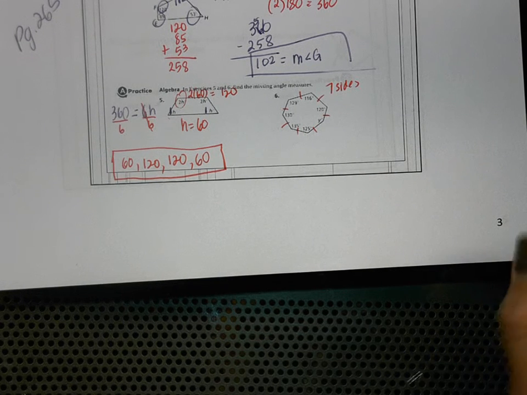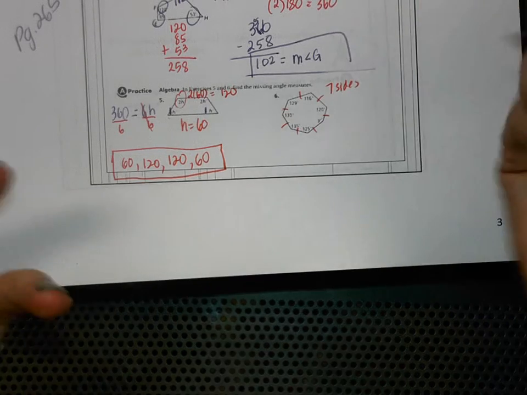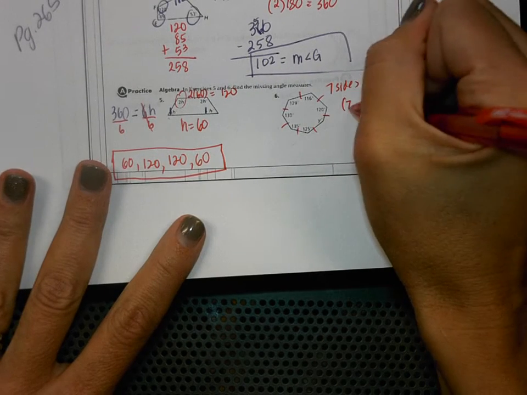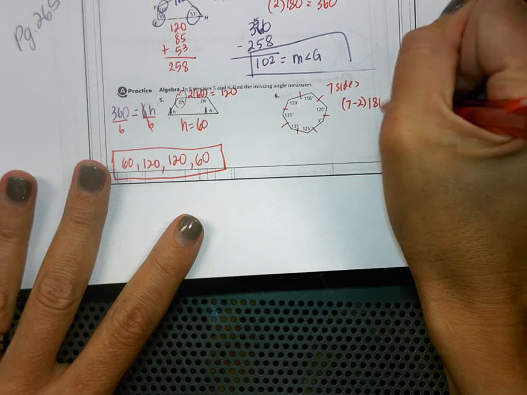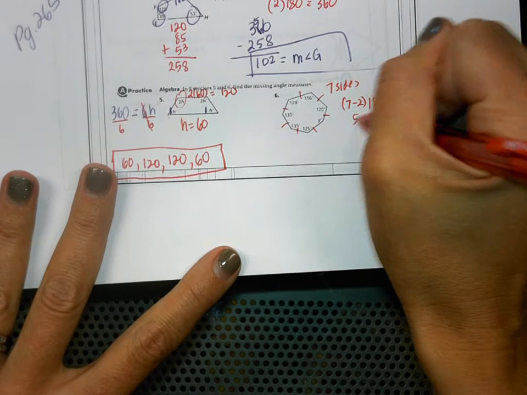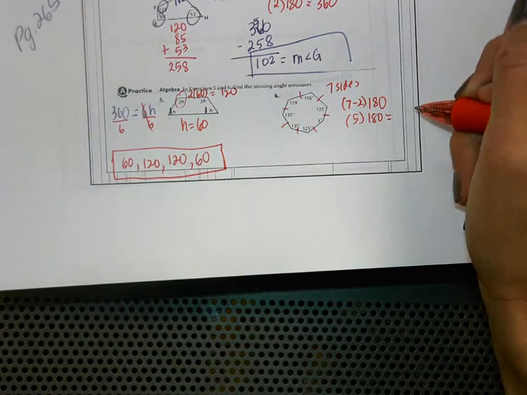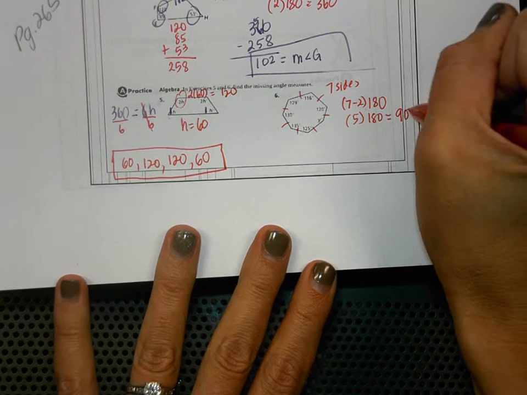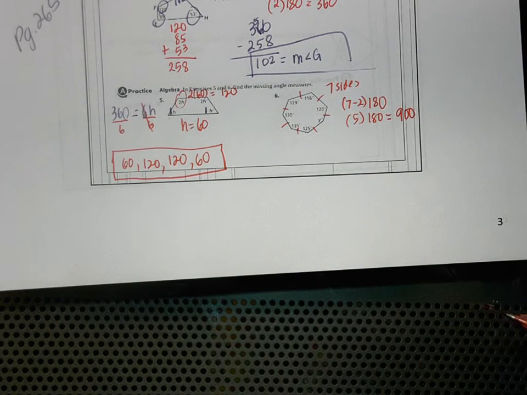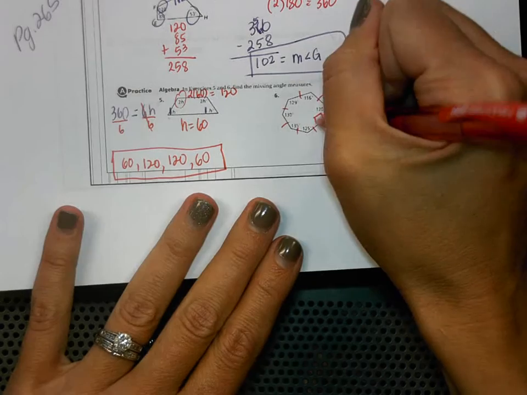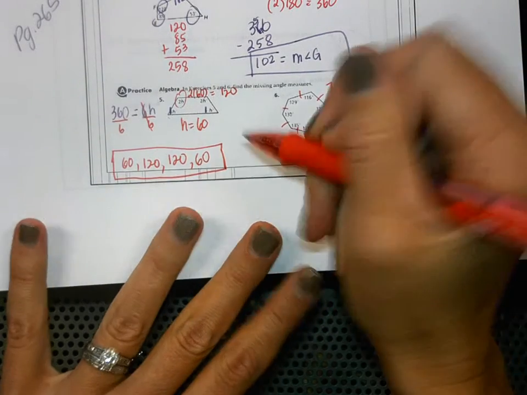Good. Do your subtracting 2 to find out how many degrees should be inside that figure, right? So we'd go 7 minus 2 times 180, 5 times 180, and when you multiply that, it equals 900. Now what? Good. The only thing that's missing is this y, right? So if we add all those, and then what will I do?